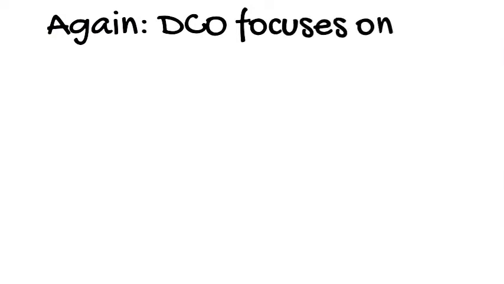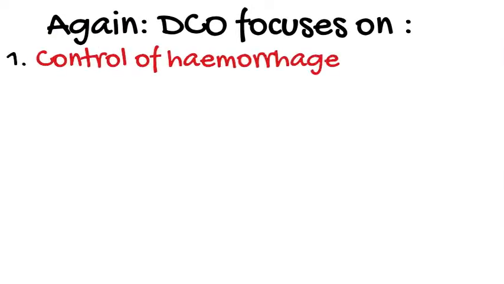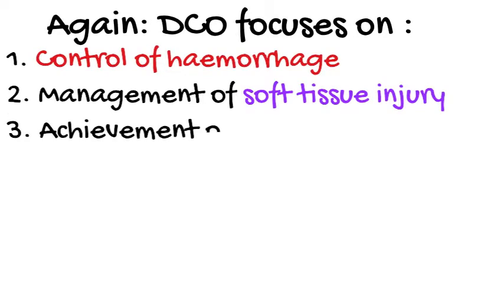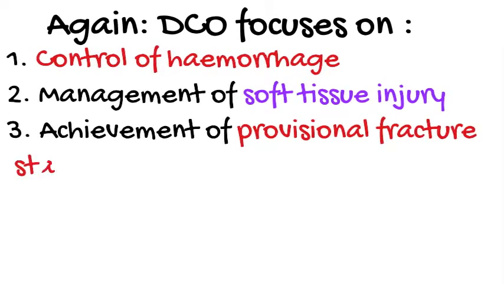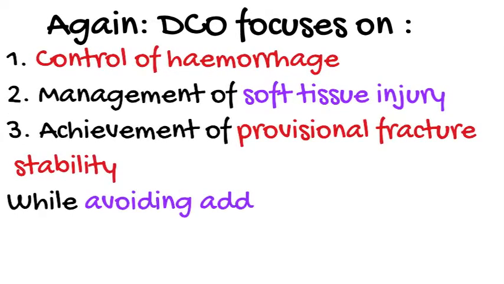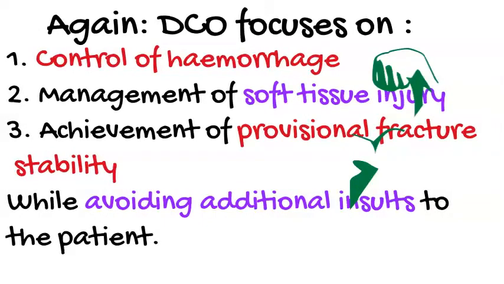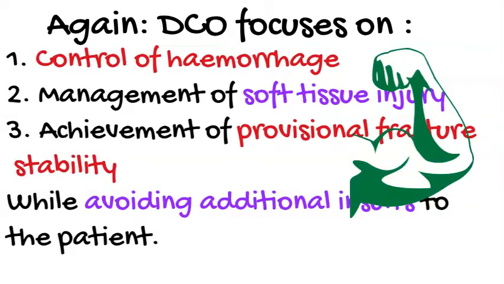Again, as in the first video, I will repeat that DCO, Damage Control Orthopaedics, focuses on: 1. Control of hemorrhage. 2. Management of soft tissue. 3. Achievement of provisional fracture stability while avoiding additional insults to the patient.